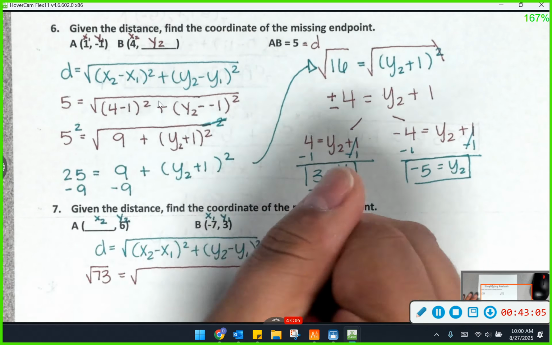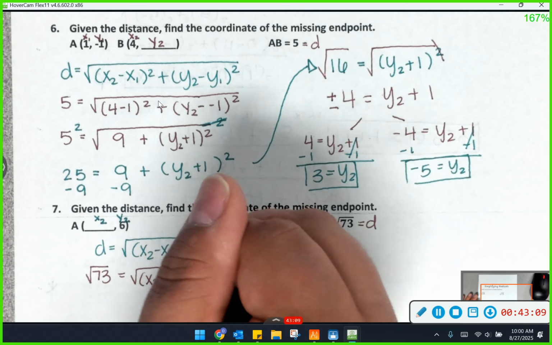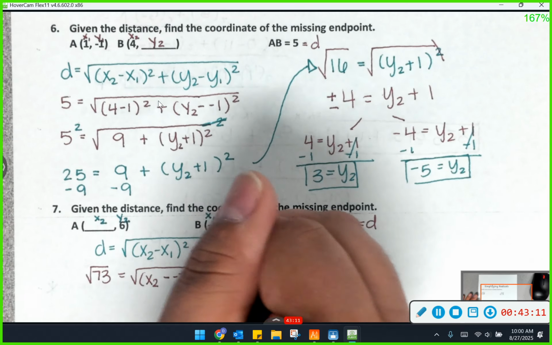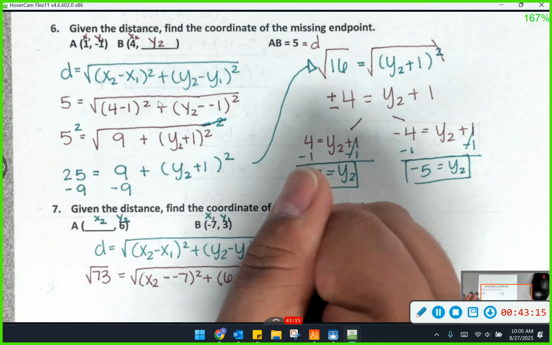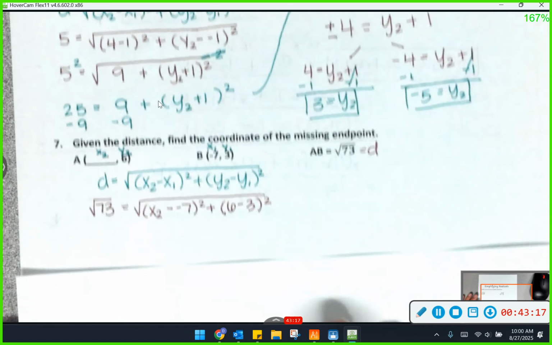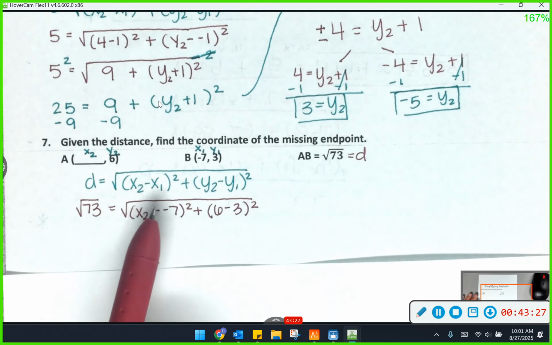All right, we are plugging in. So I have my X2, which I don't know, minus my X1, my Y2 minus my Y1. What happens with this negative and a negative right here?